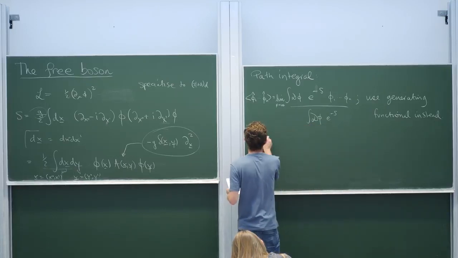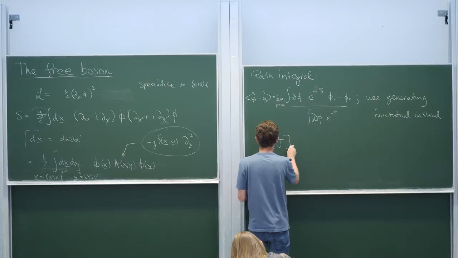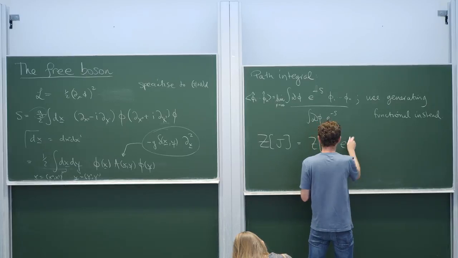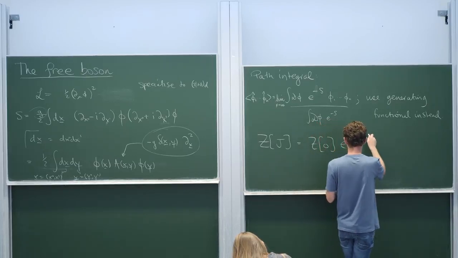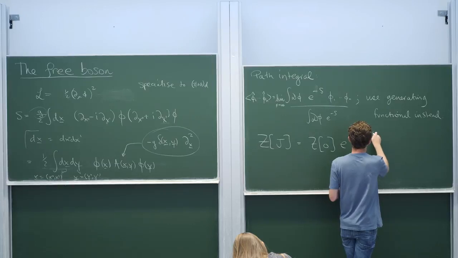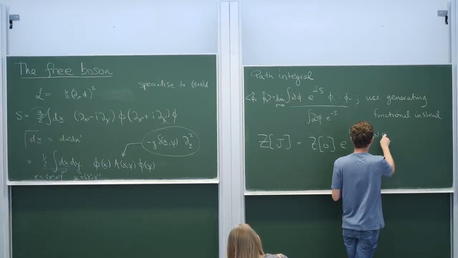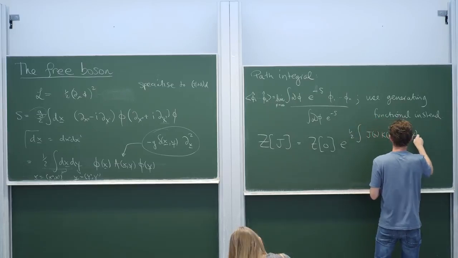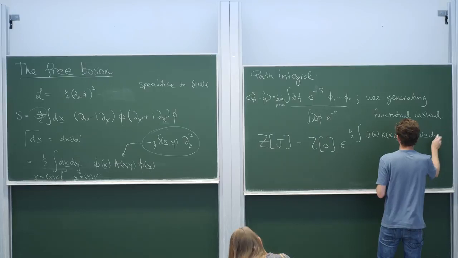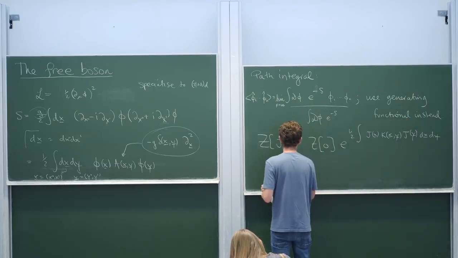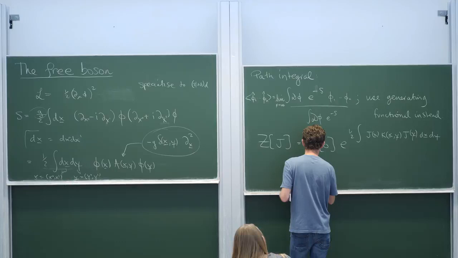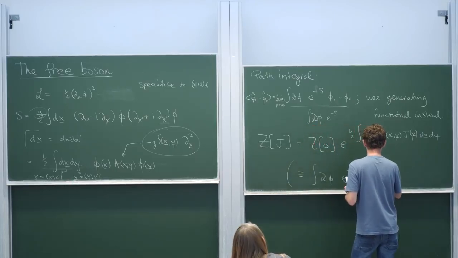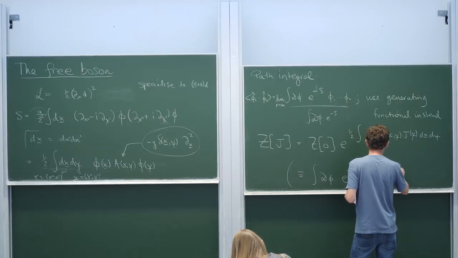So the generating functional, just to remind you, depends on a current field J and is given by this expression here.